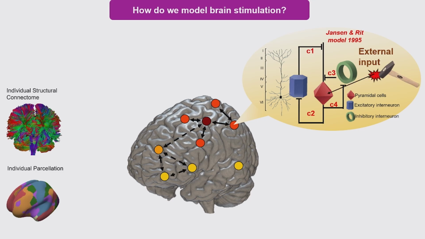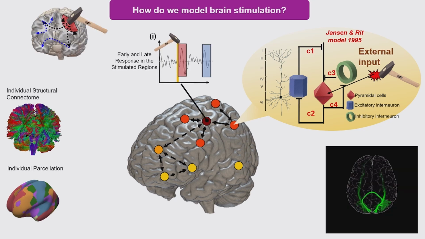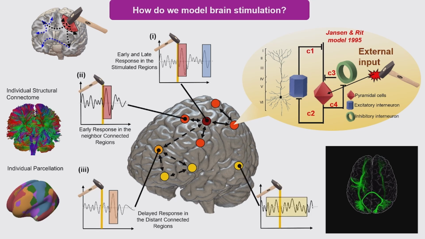Then we inject an input in some region and study the dynamics that originate from there. We can see some potentials in the regions that are directly stimulated, which can be early latency or late latency, and then we can also see some propagation and some evoked potentials, which are due to the stimulus propagating through time and space.